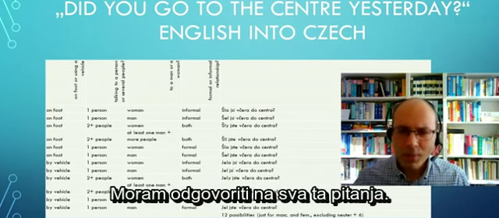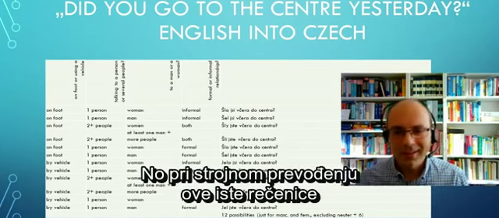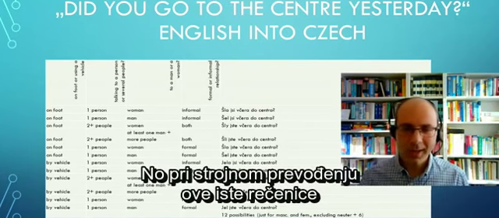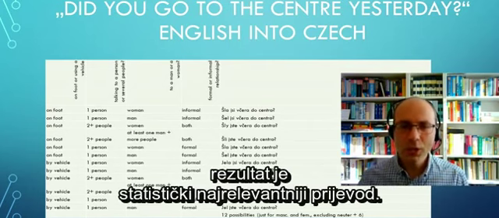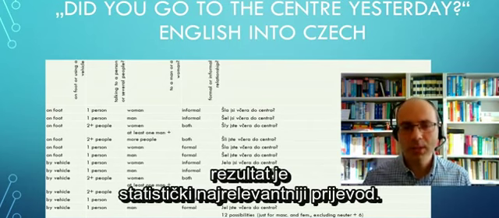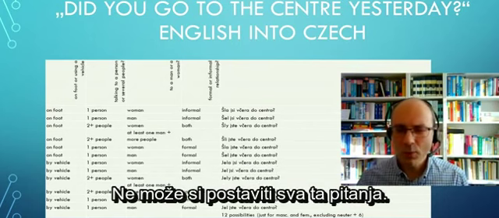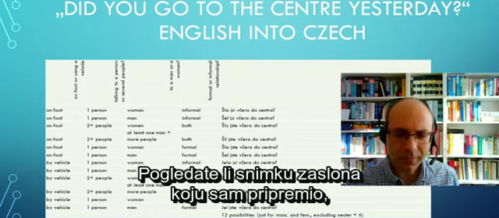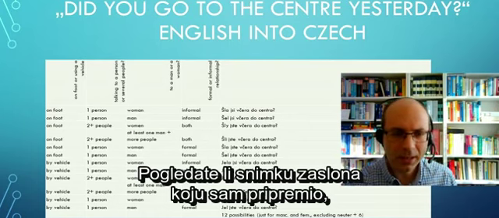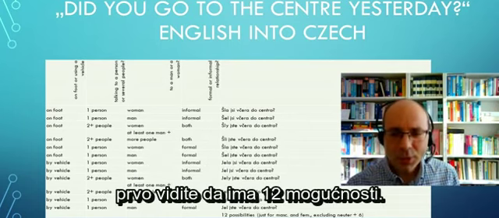So I have to make a decision on all these questions, while the machine translation, when it has the task of translating this same sentence, only uses whatever seems to be most statistically relevant. It will not be able to ask these questions. So if you look at the screenshot at the slide that I've prepared, first you can see that there are those 12 possibilities.